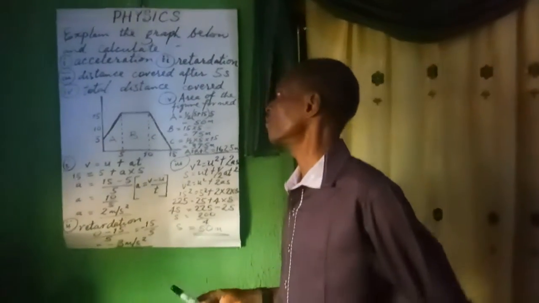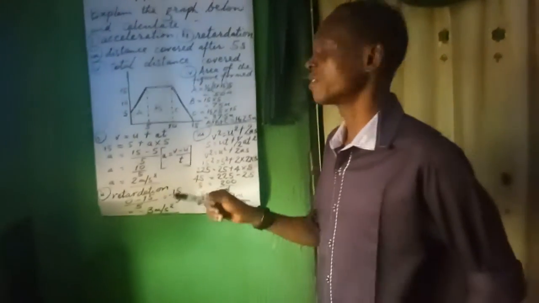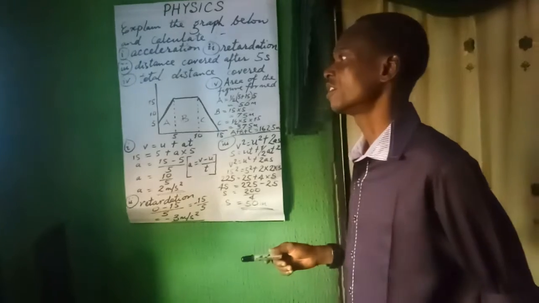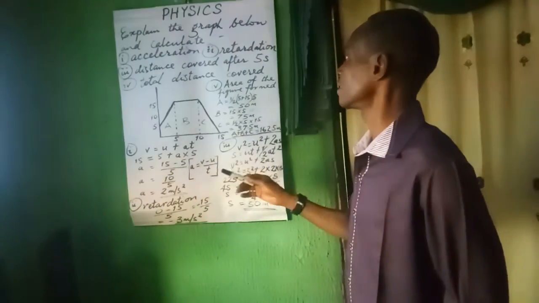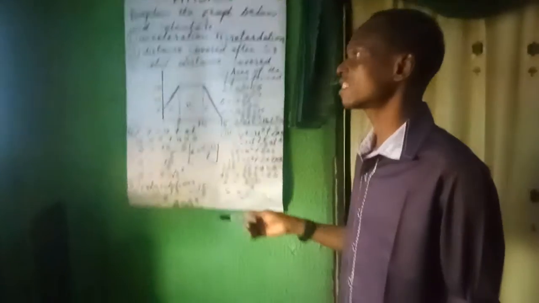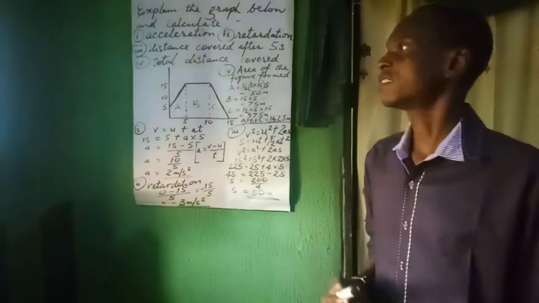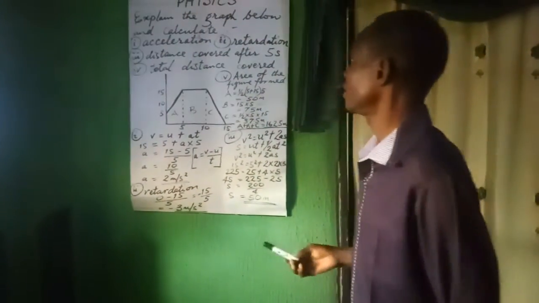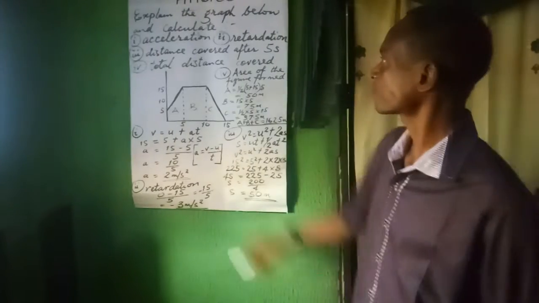So as a student of physics, on paper you can represent motion as a shape and then calculate distance and all other things we have mentioned here. This is the graph in question.